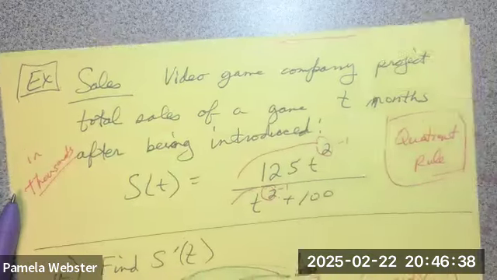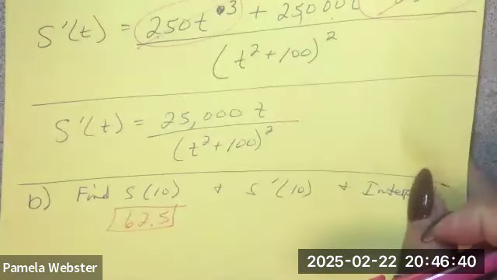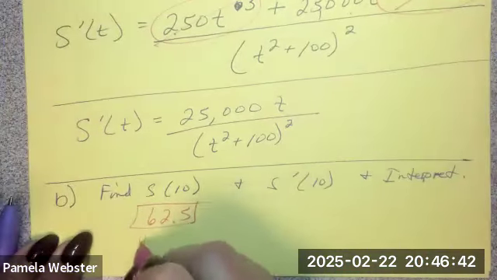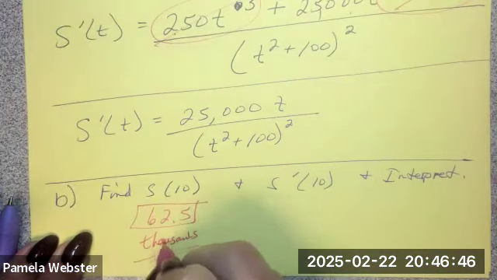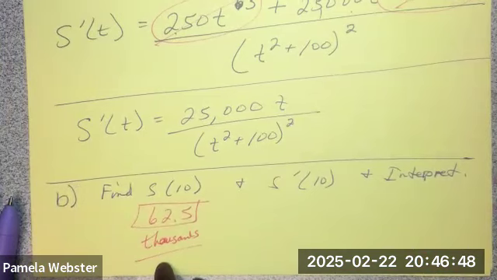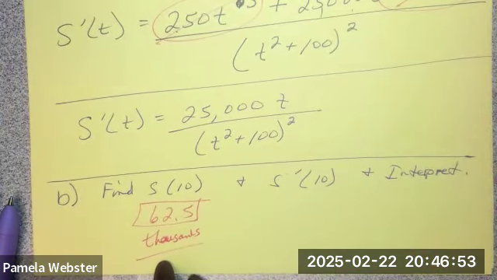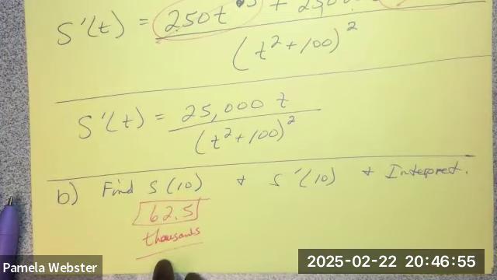So they're working with small numbers, but they're saying 62.5 thousand. So 10 months from now, we release the thing. In 10 months, we think that we're going to have 62.5 thousand sales of this video game.